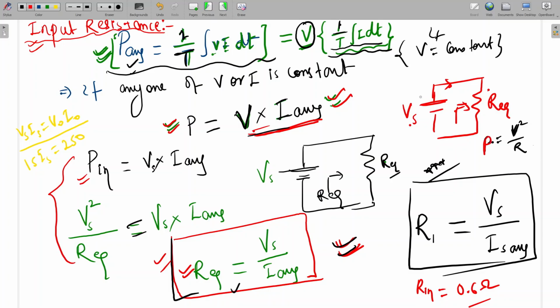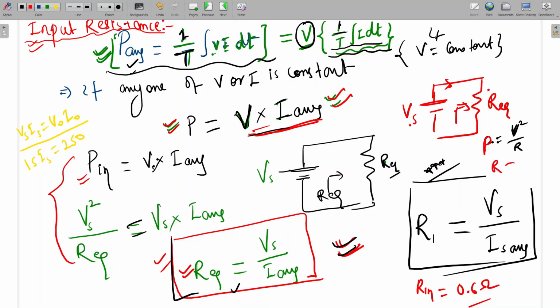The same power should be supplied by this source, so power is equal to V square by R. R will be 15 square divided by 250, so this will be 0.6, I think. Is it clear? Directly we can calculate V square by P. I think I have written it here: R is equal to V square by P.